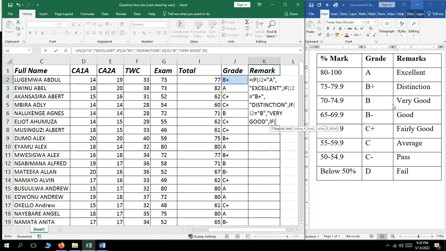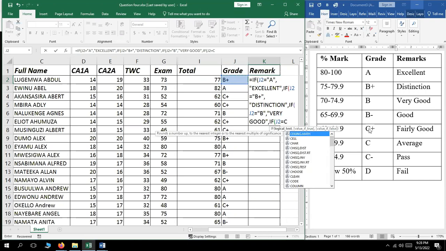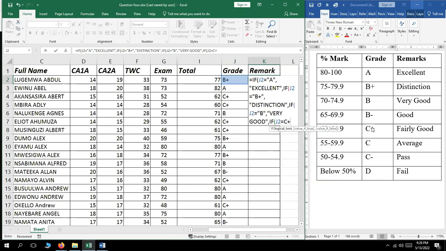We have J2 once again equals, this is C plus. We didn't open quotes, so let's open quotes.